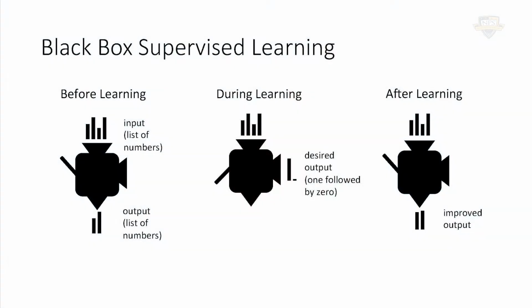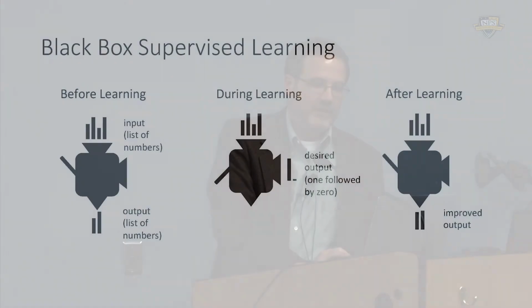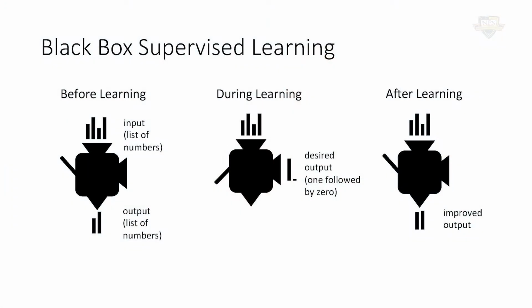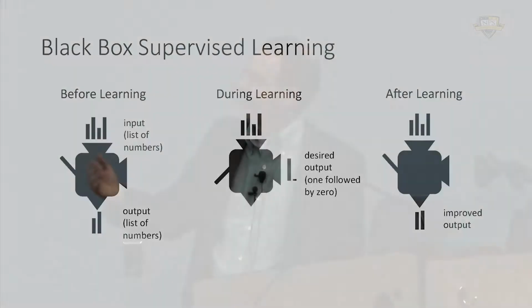That's what we wish, and we didn't get our wish. After training, we still don't have our wish, but you can see the situation has improved. It's moved ever so slightly toward the output that we wanted, and if we weren't happy, we could continue training on this or related examples. So that's going to be our supervised learner for this talk.